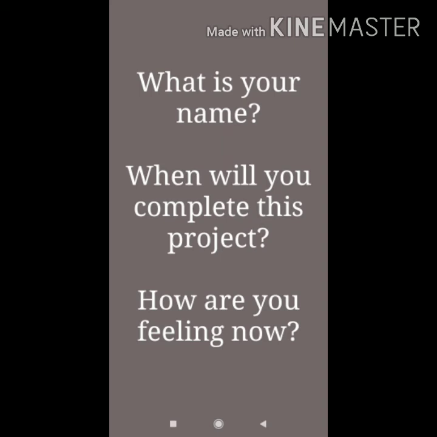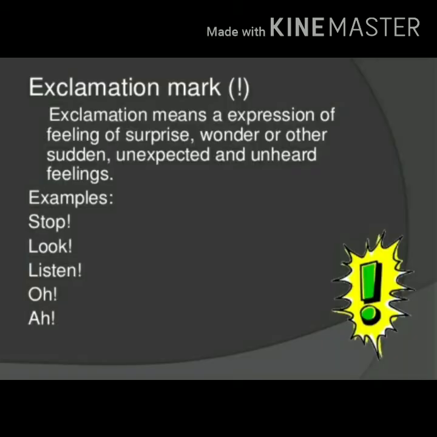Next is your exclamation mark. Exclamation means an expression of surprise, wonder, or any other sudden or unexpected emotion. We had discussed this while we were discussing exclamatory sentences, if you remember.